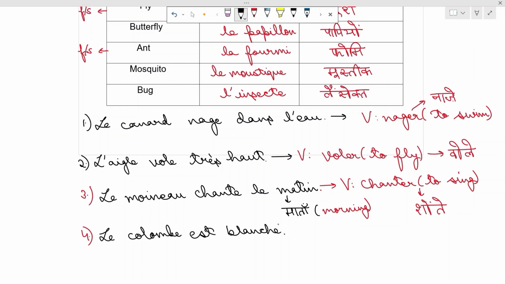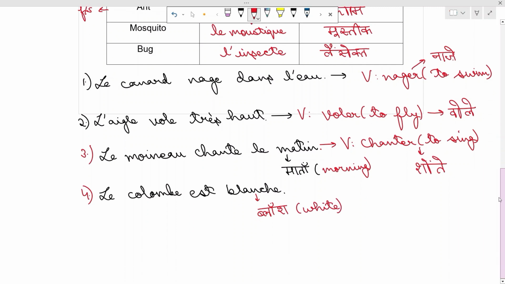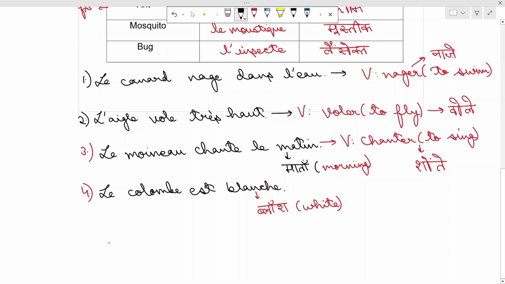Fourth sentence. La colombe est blanche. The pronunciation is blanche, which means white. The dove is white. The fifth sentence is la mouche est sur la table.